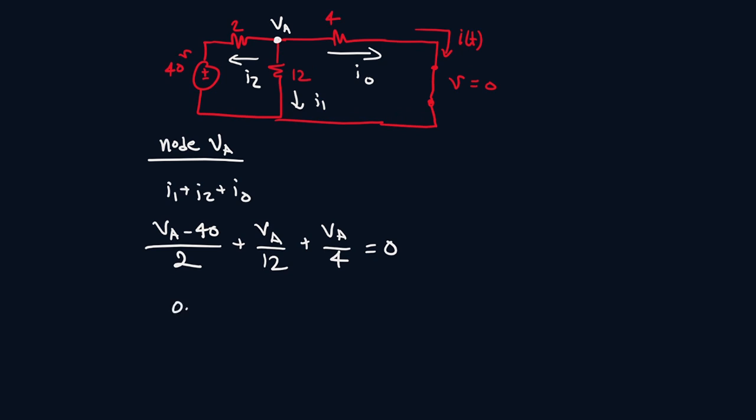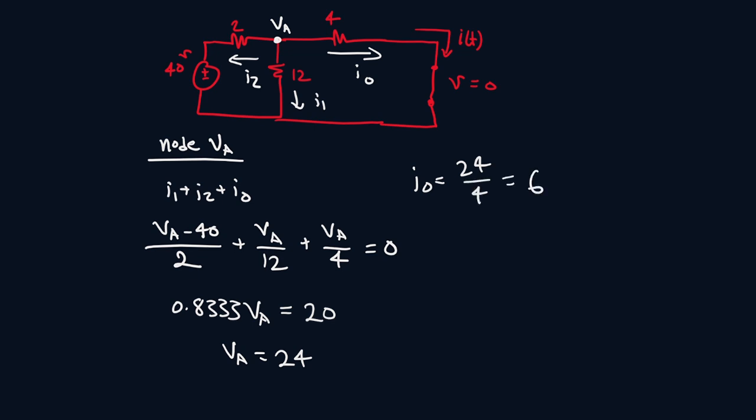It'll be 0.8333 VA, and this will be equal to 40 over 2, which is 20. So 20 divided by 0.8333, that's VA equal to 24. So I0 will be 24 over 4, and that's just 6.